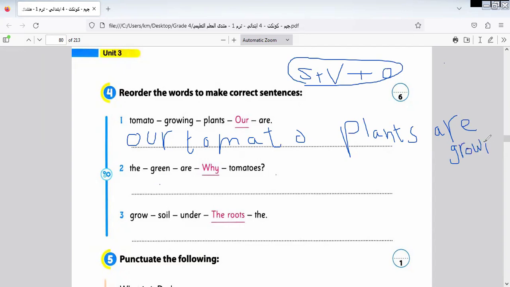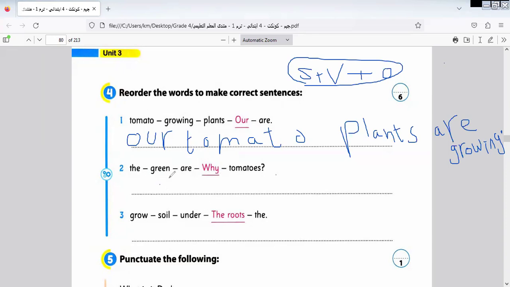As we told you before, when you answer this question, you must take care. If you have a statement sentence, you must put a full stop at the end of the sentence. If we have a question, we must put a question mark at the end of the sentence, like this one.